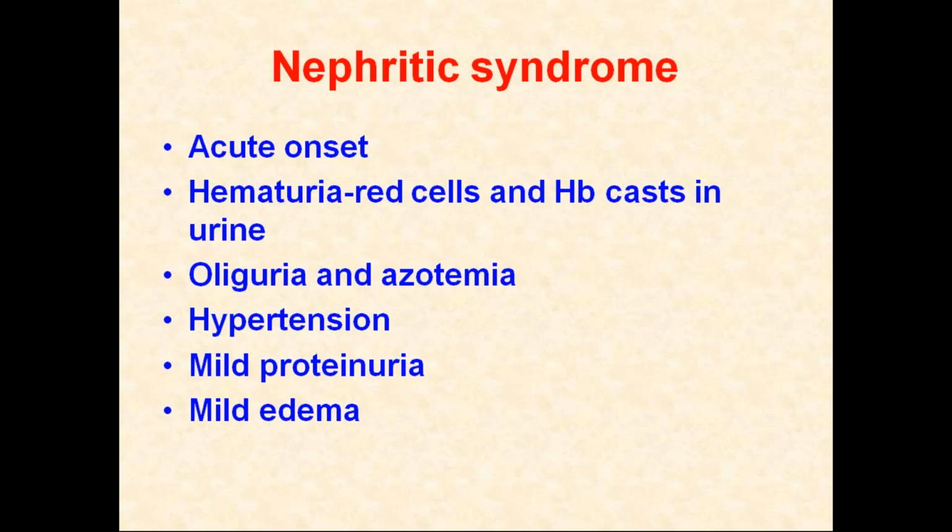And mild proteinuria: usually you have massive proteinuria in nephrotic syndrome, but in nephritic syndrome you have mild proteinuria as well as mild edema. So hematuria, that is RBCs and hemoglobin casts, azotemia, that is raised blood urea nitrogen, oliguria, hypertension, and mild proteinuria, which differentiates it from nephrotic syndrome, where you have massive proteinuria and mild edema.